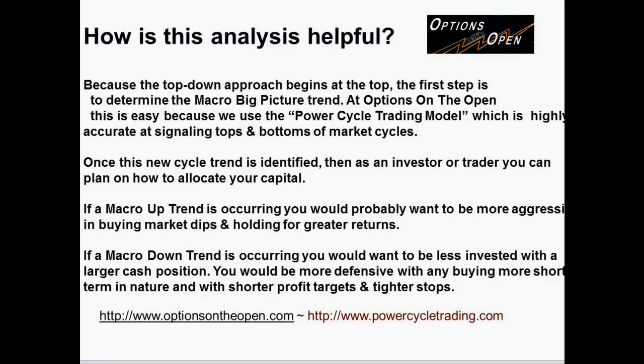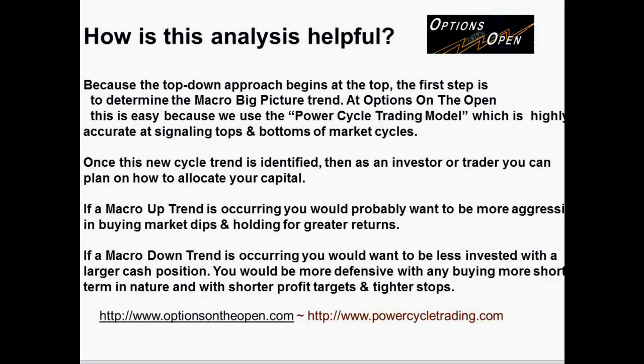The first step is to determine the macro big picture trend, and at Options on the Open this is easy because we use the Power Cycle Trading Model, a cycle model that I developed for all of our trading. It's highly accurate at signaling tops and bottoms of market cycles.